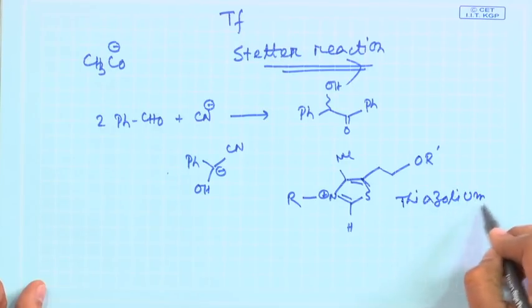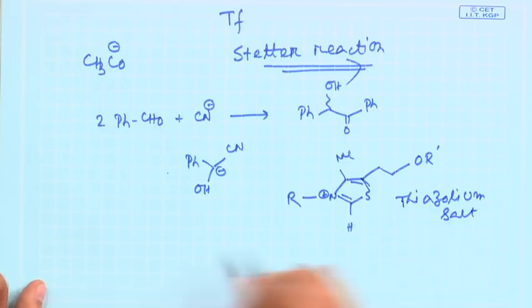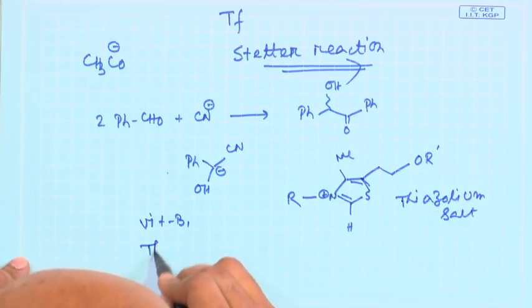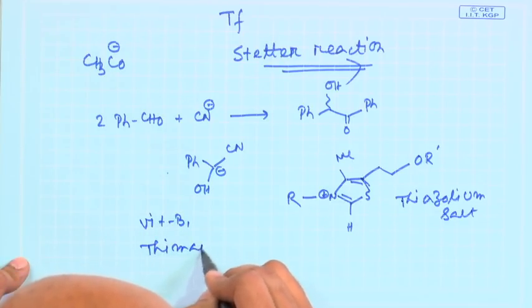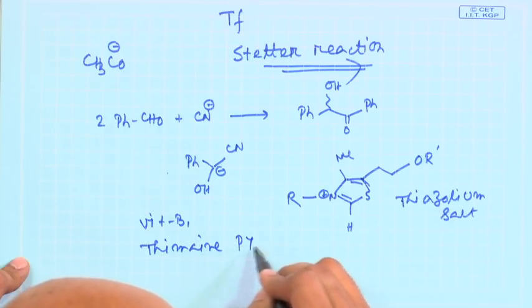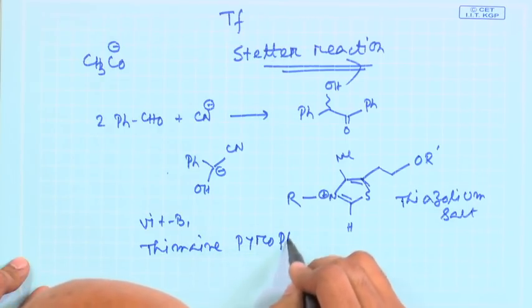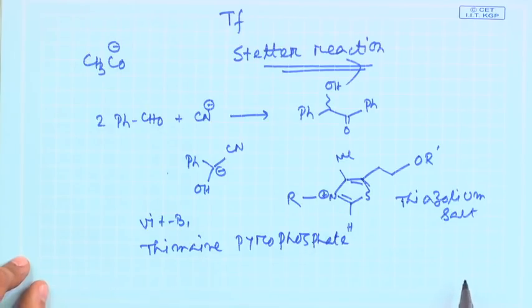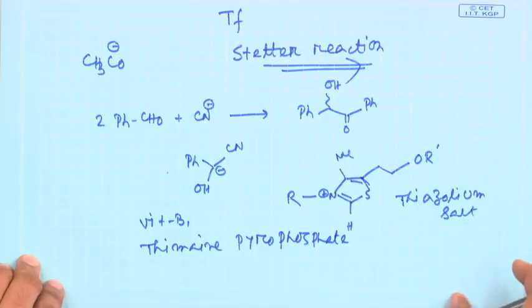They are commercially available. Now, vitamin B1, its name is thiamine pyrophosphate. Vitamin B1 is also known to catalyze this kind of reaction by a mechanism similar to the benzoin condensation mechanism.